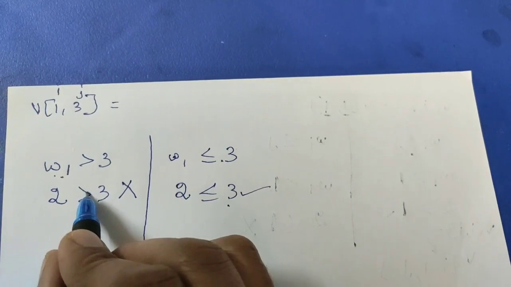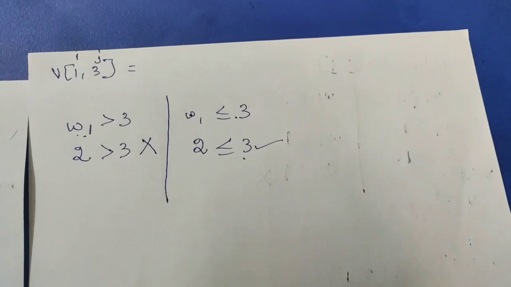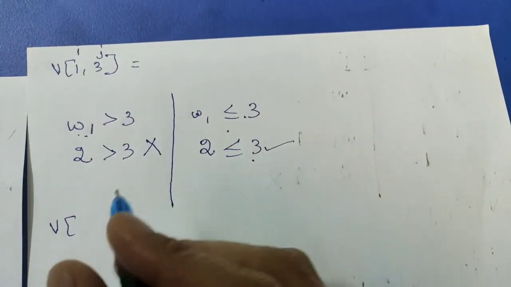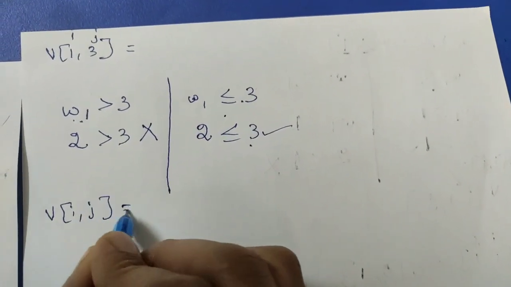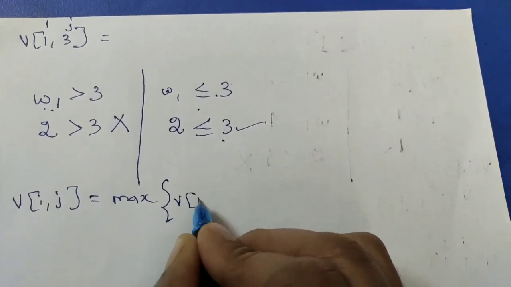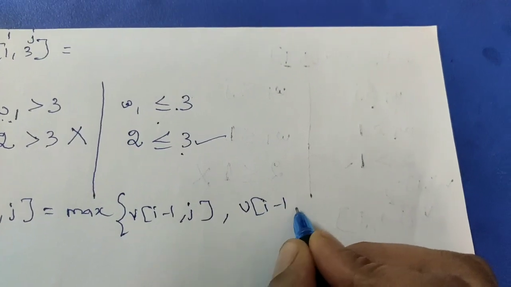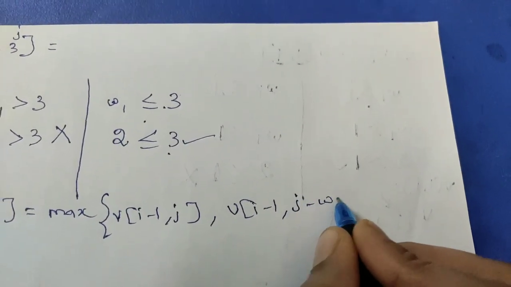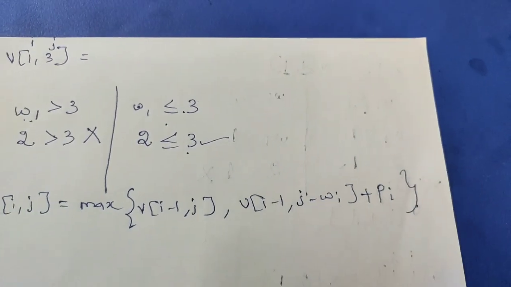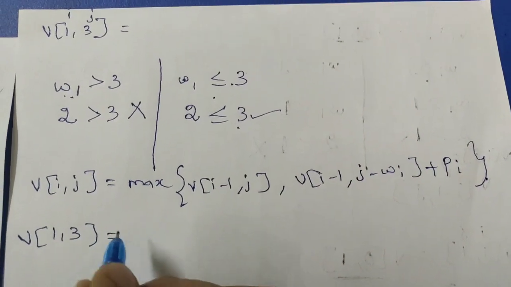If the first condition were true, I would select the second formula. So here take the third formula because this condition is true. V of i comma j is equal to maximum of V of i minus 1 comma j, comma V of i minus 1 comma j minus wi, plus profit of the item which is getting processed. Now the location is V of 1 comma 3.